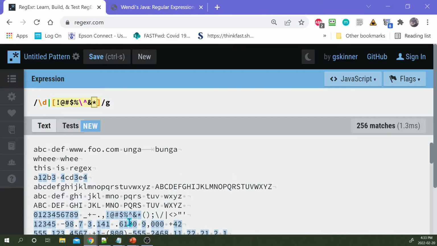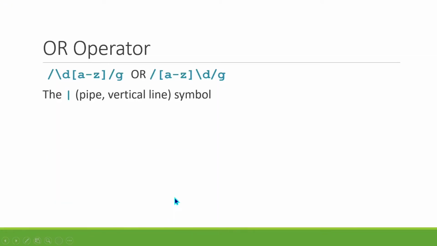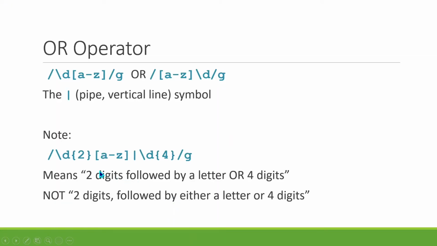Now you want to be careful with the OR operator and how it works. If you had an expression like this one, this means I am matching 2 digits followed by a letter, or 4 digits. It's not saying 2 digits that might be followed by either a letter or 4 digits. I don't know if that makes any sense. So it's this whole part of the expression on one side of the OR and this whole expression on the other side.